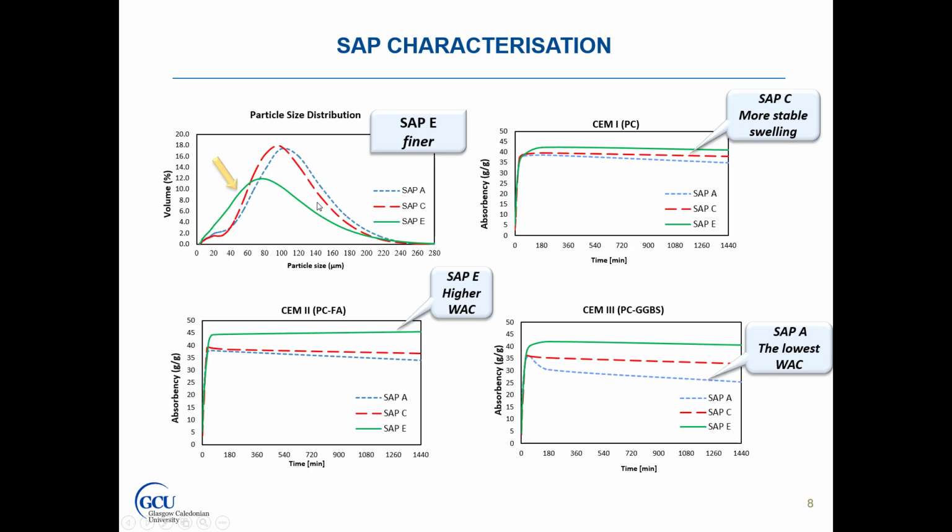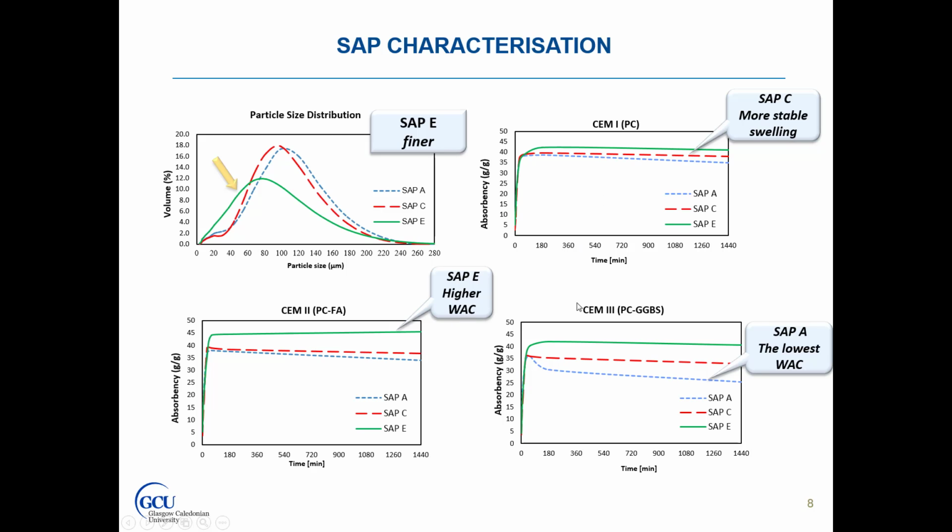As you can see in this figure, SAP E has a smaller particle size, and SAP A and SAP C have particles in the same size range. However, SAP C and SAP E have similar composition. Water absorption capacity of SAPs in three cement pore solutions has been determined by the tea-bag method.